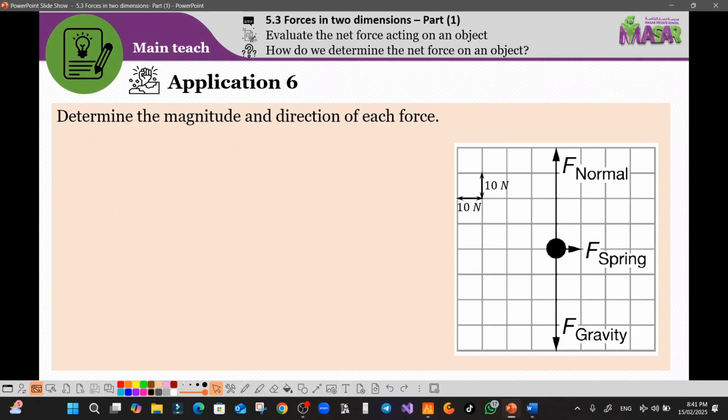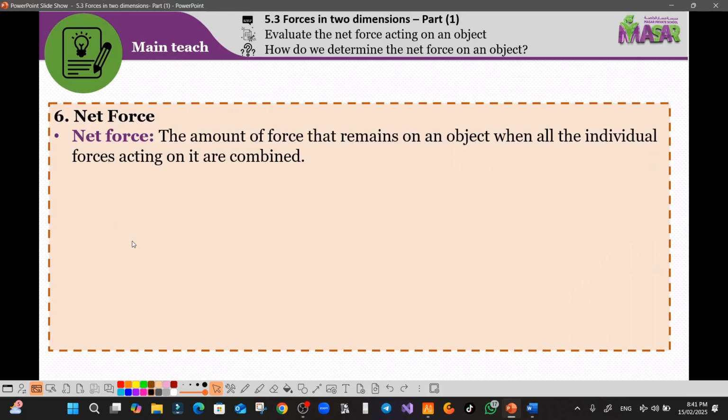Now let's jump into the next section. We're going to define now the net force. The net force is the amount of force that remains on the object when all the individual forces acting on it are combined. So we will learn how to combine the forces now in one dimension. Now the symbol is F net, written like this.